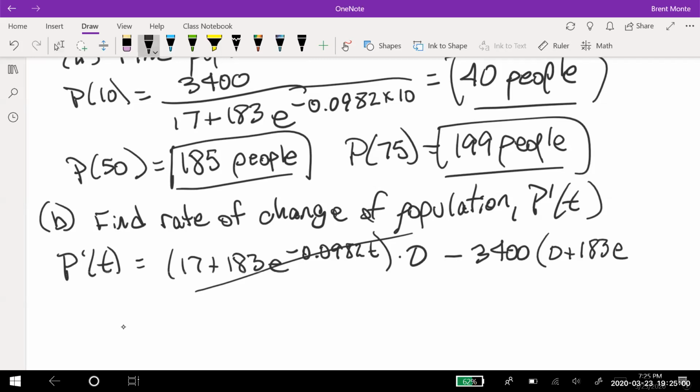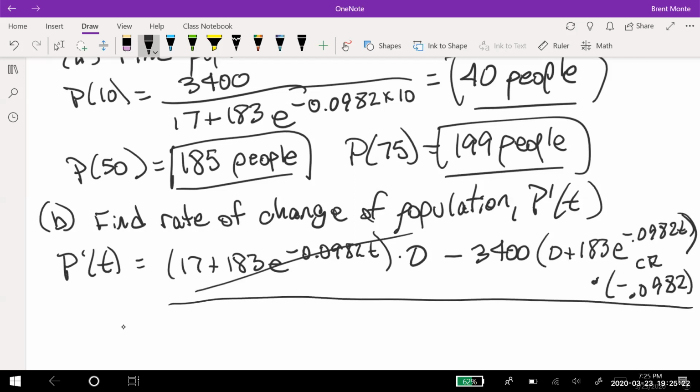Remember, I get the whole exponential back, E to the negative 0.0982 T. But it's times negative 0.0982, that's my chain rule, all divided by the bottom, squared.